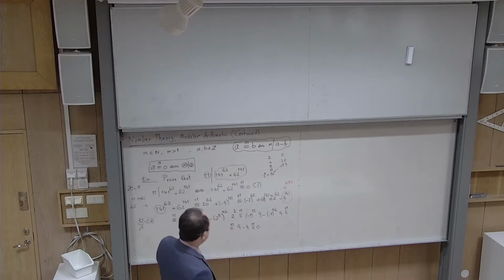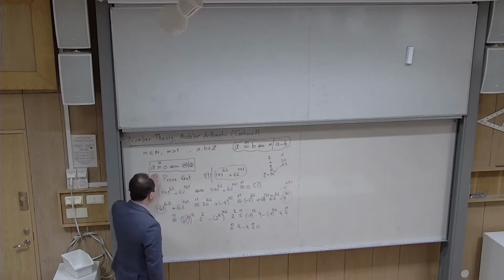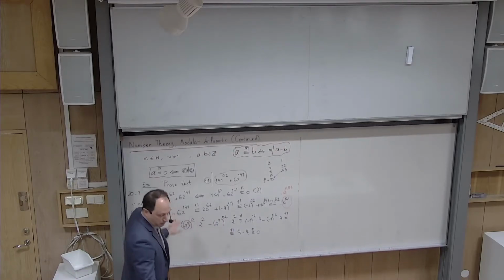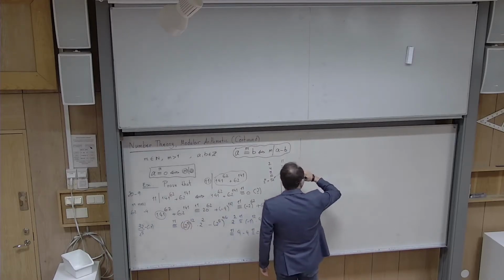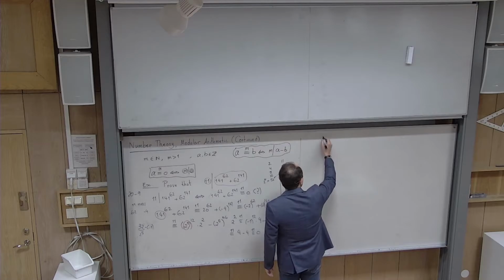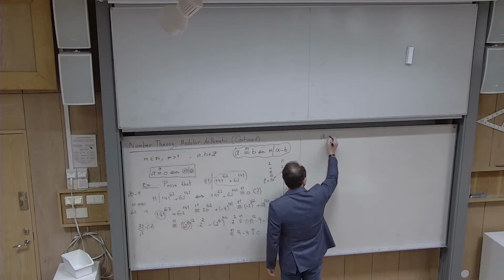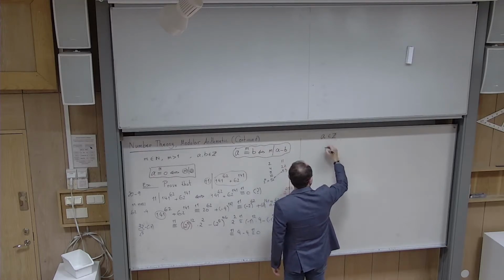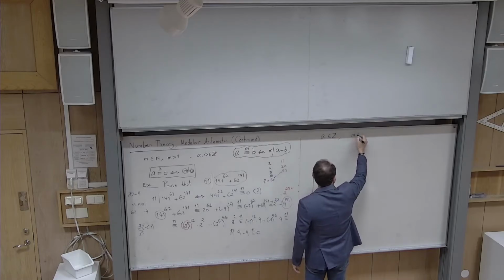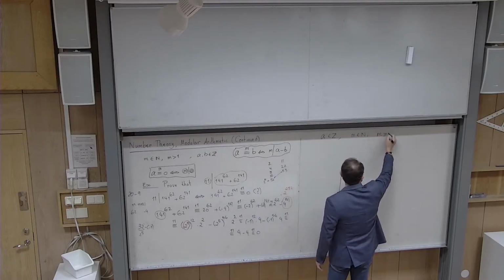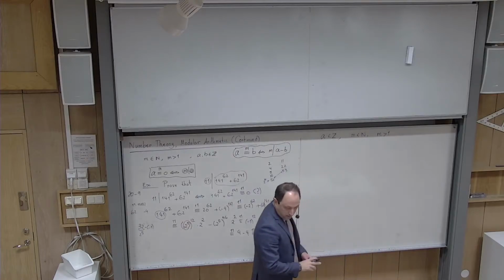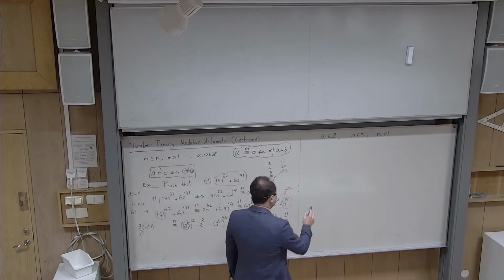Okay, so there is another part of the lesson that is important, and we already talked about this more or less before. Assume that I give you a, which is an integer, and I give you m, which is a natural number, and greater than 1. And the question is of this type, yes?